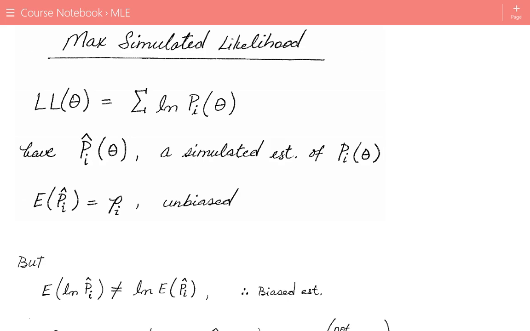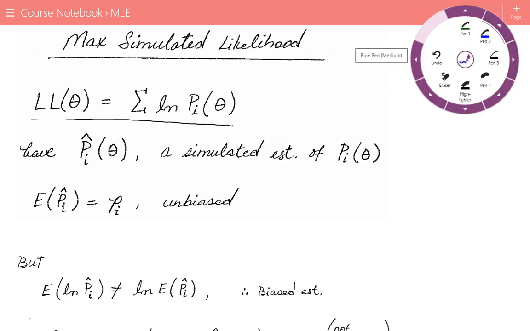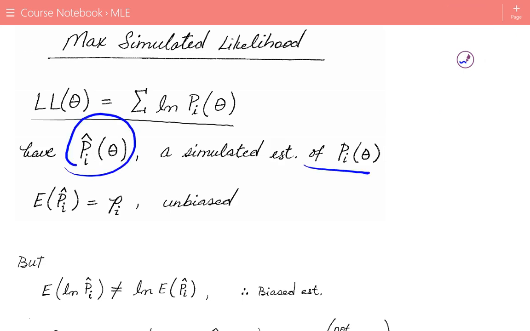So our log likelihood function is the sum of the log of the probabilities across independent observations. And as we know from the Monte Carlo simulation lectures, we have a simulated estimator of probabilities such that the expected value of that estimator is the probability. It's unbiased.